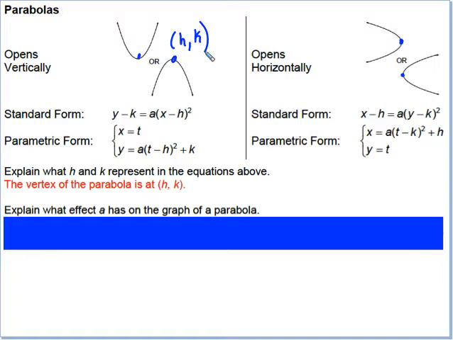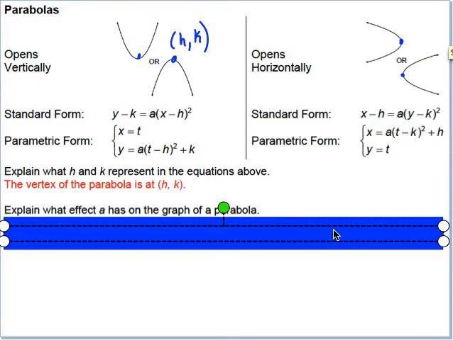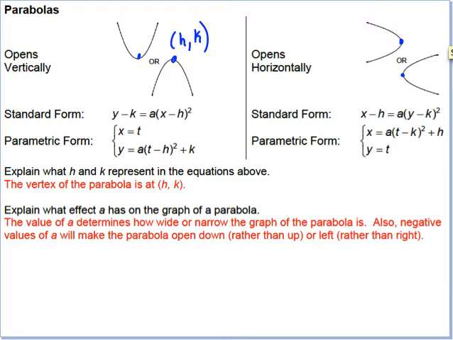Okay? And then what effect does A have on it? Again, this is a whole lot to write, so please do not write this word for word. Go ahead and summarize it. So A is going to affect how wide or how narrow your parabola is. So if you break this parabola in half, the A value is the half of the distance there.